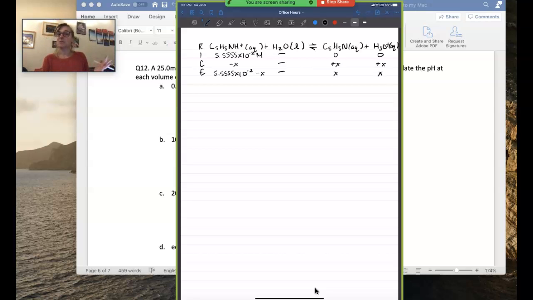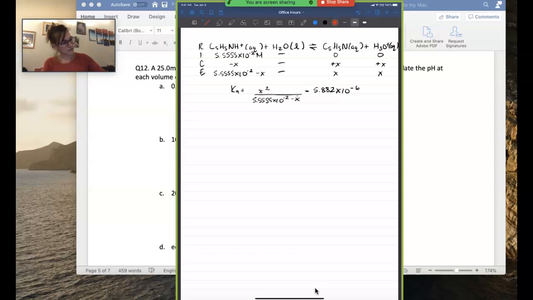And we set that up to what? To the Ka value. So the Ka expression would be products over reactants, so x squared over 5.5555 times 10 to the negative second minus x is equal to 5.882 times 10 to the negative 6.